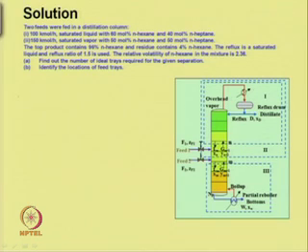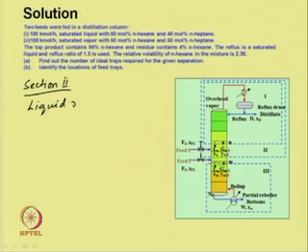Now, for section 2, the liquid rate which is equal to L dash would be equal to L naught plus F1. Since the feed 1 is a saturated liquid, the liquid flow rate in section 2 would be enhanced by F1.